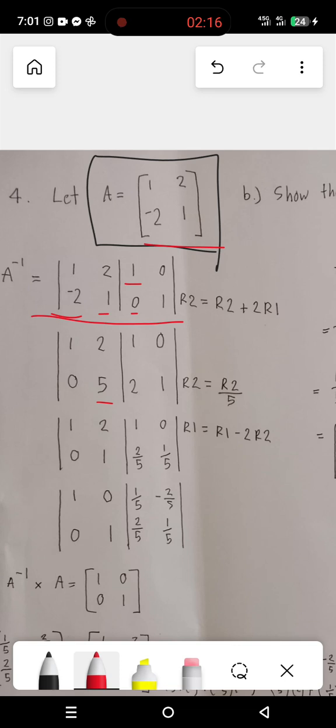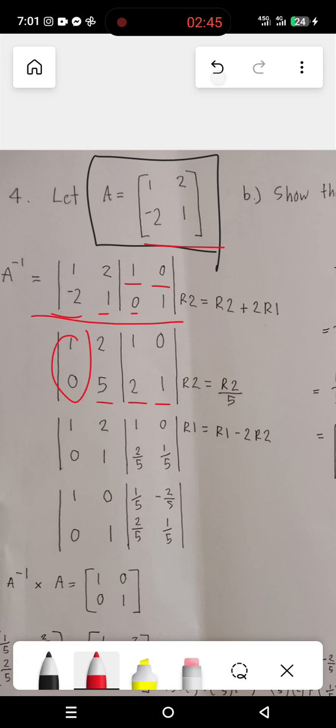So 0 plus 2 times positive 1 is equal to 2. And 1 plus 2R1, and our corresponding value for R1 in this column is 0. So 1. So now we have accomplished our first column, this one. We have turned this into 1 and 0.